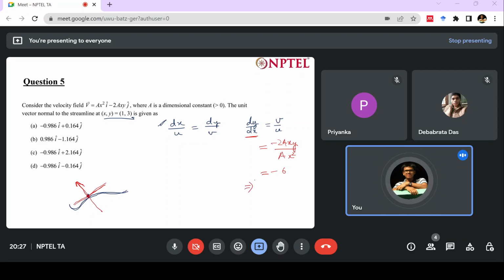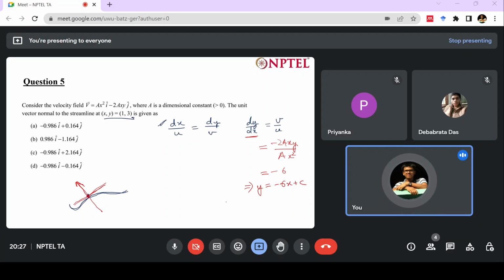So if you want to find the equation of the straight line, this will be minus 6x plus c. Correct. Now you already know the direction of a normal from your school level knowledge.